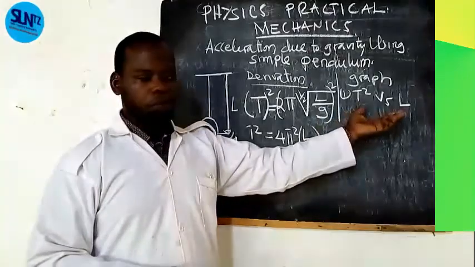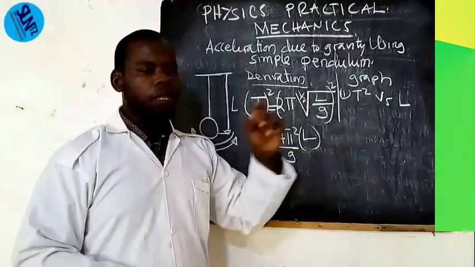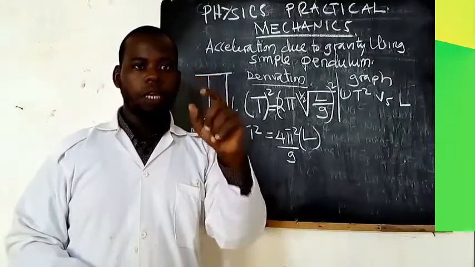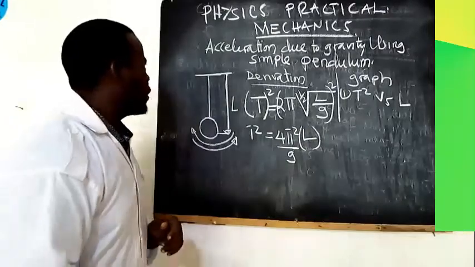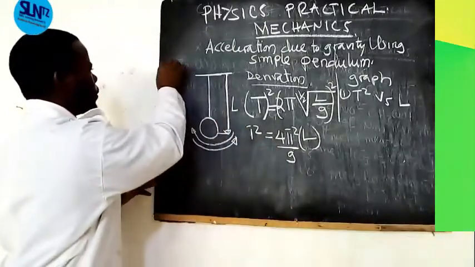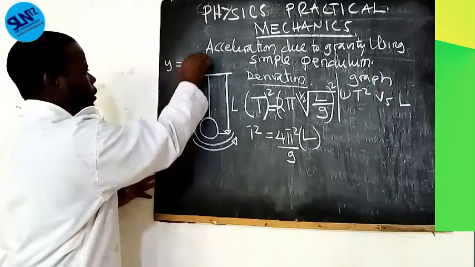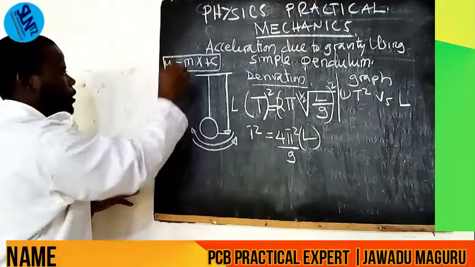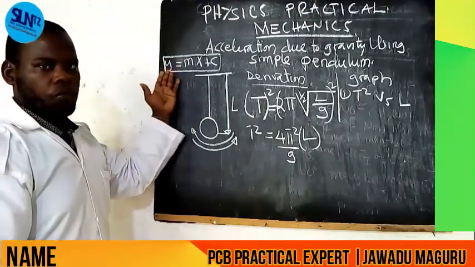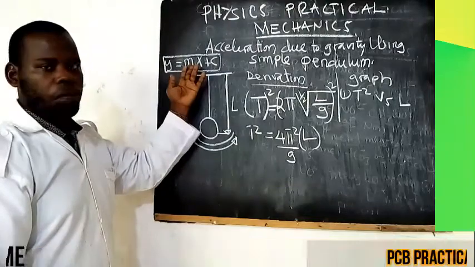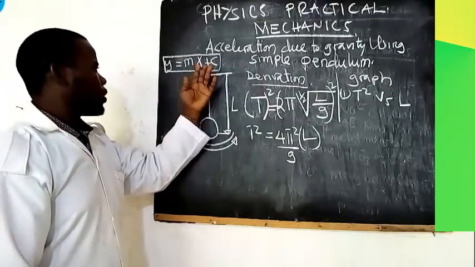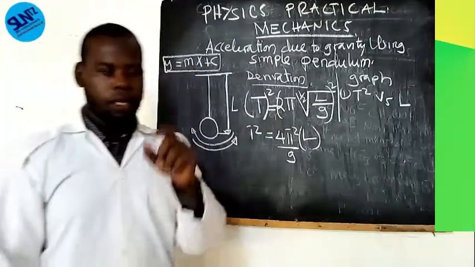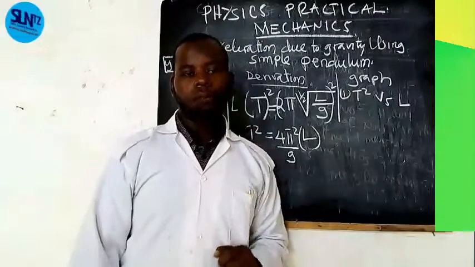So in order to know the nature of the graph, you will look at this one, and then you are going to compare it with the mathematical relation of a linear equation. Linear equation is y is equal to mx plus c. That is our linear equation. y is the y-axis, m is the gradient or slope, x is the x-axis, and c is the y-intercept.